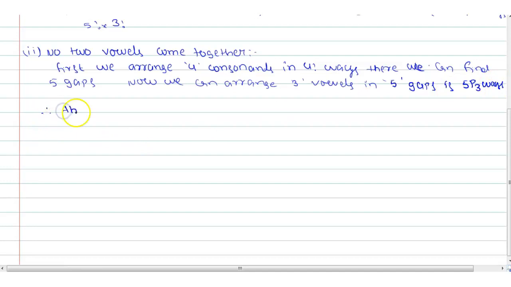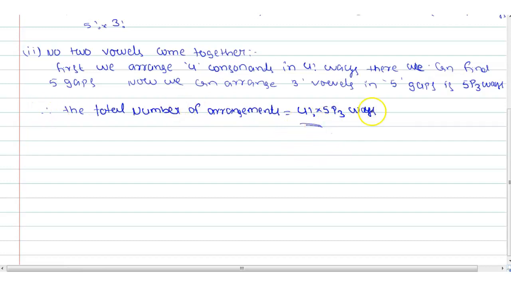Therefore, the total number of arrangements is equal to 4 factorial into 5P3 ways. 4 factorial into 5P3 ways. This is the answer. Okay. Now go for the next question.